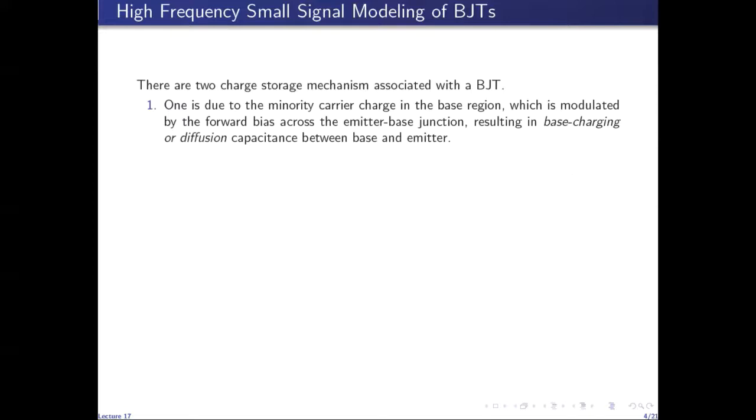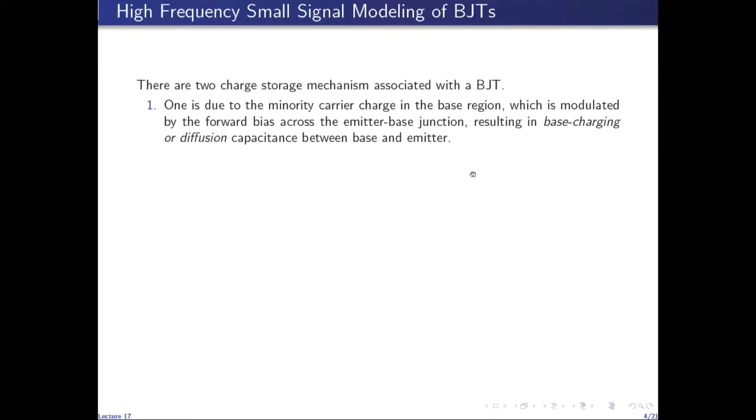And the amount of this charge which is stored during this time, in which the electrons diffuse from the emitter-base junction towards the collector-base junction, is modulated by the forward bias voltage across the emitter-base junction.